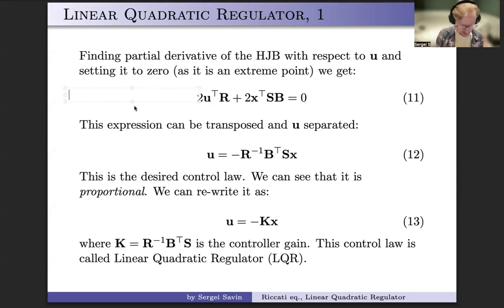What we get is RU equal to minus B transpose SX. Notice that since S is a symmetric matrix, and R is a symmetric matrix, when you transpose them, the transpose is equal to the original. So we don't keep transpose in front of them. And after that, you multiply both sides by R inverse, and that's how you get this equation.